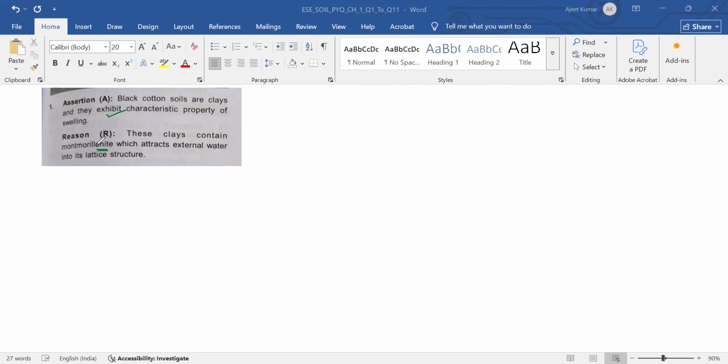Because of montmorillonite, black cotton soil has swelling properties. So assertion is correct, and R is the explanation of A.